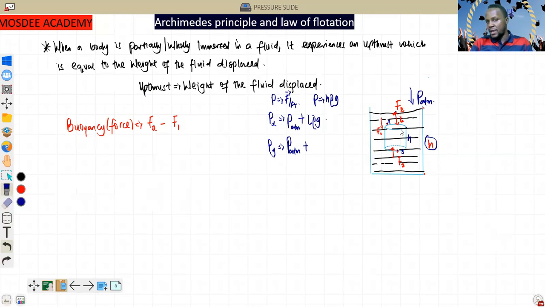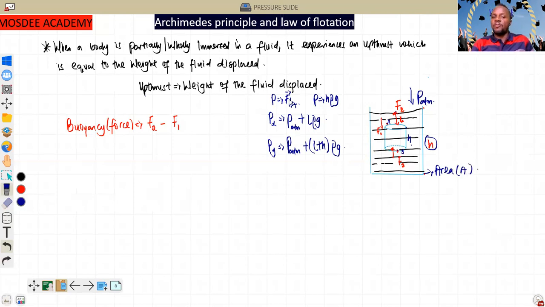So the total height from here to here will be L plus h. Then we have rho g. We are taking the area of the whole container as A.